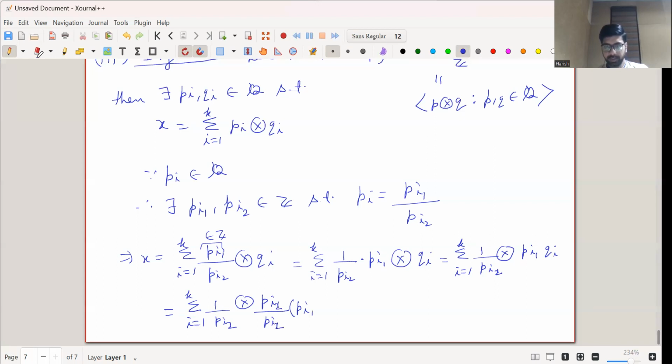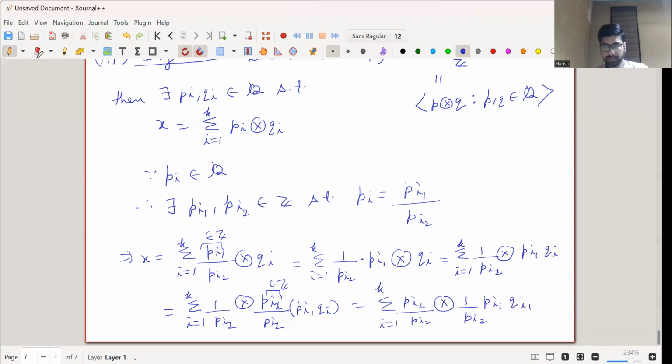So it's p_i1 q_i, and this is an integer, and the underlying ring is also the integers. So you can take this p_i2 to this side. This will give you summation i equal to 1 to k, p_i2 by p_i2, and then here it remains p_i1 q_i.